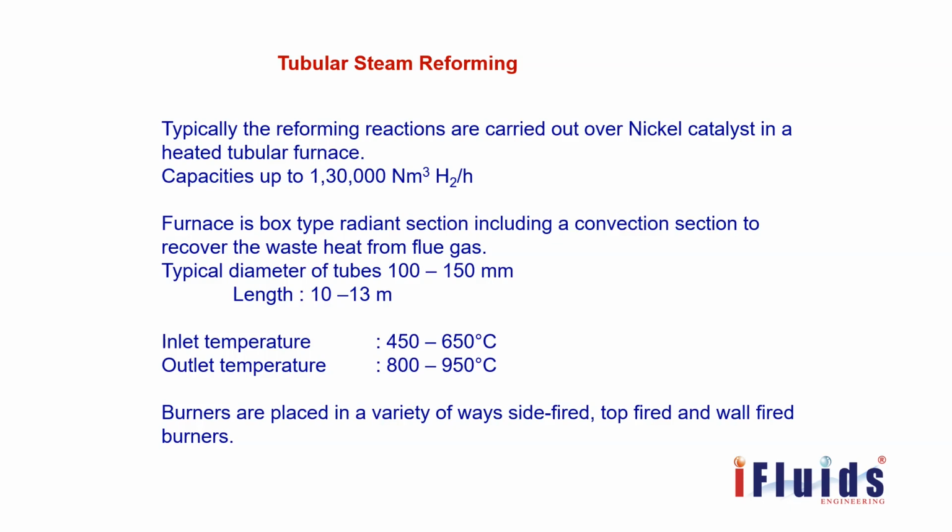The inlet temperature varies from 450 to 650; if we have a pre-reformer, we can go up to 650, and the outlet temperature up to 950 degrees centigrade. Sometimes it can go up to 1100 degrees centigrade also. Burners are placed in a variety of ways: side fired, top fired and wall fired, to distribute the heat evenly to the reformer tubes.